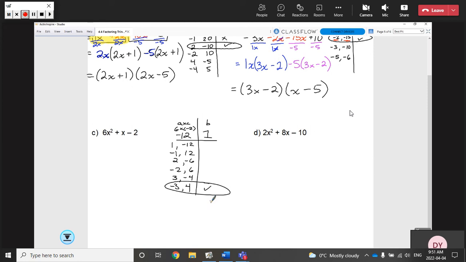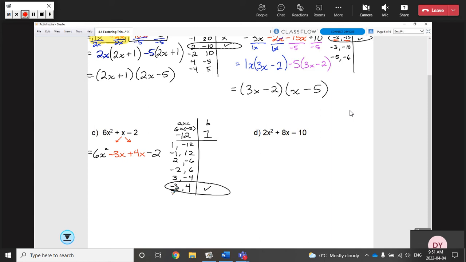So what we're going to do, we're breaking up this middle term here. So we got 6x squared, and then we're going to go minus 3x plus 4x minus 2. Notice that this is negative 3, so we're putting in a minus 3x.